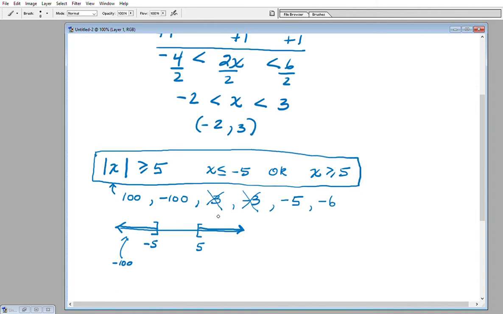So this gives us a piece of the number line on the right going to infinity, and a piece on the left going to minus infinity. So if you understand this example, then you could do all the examples.